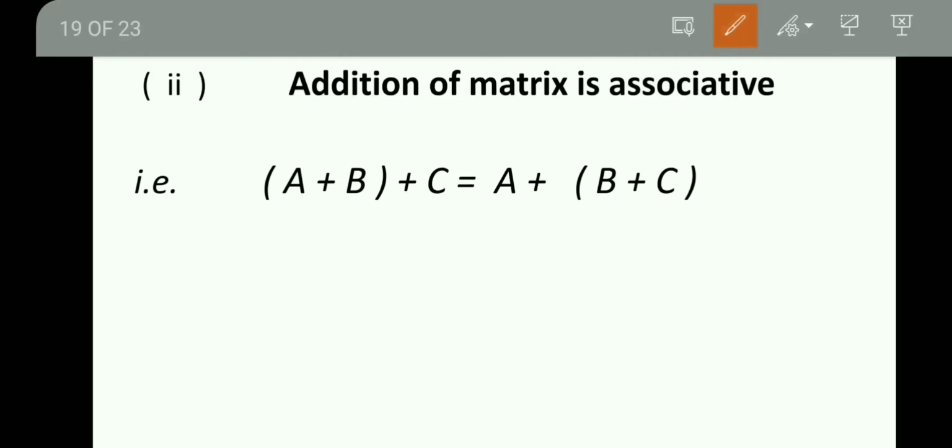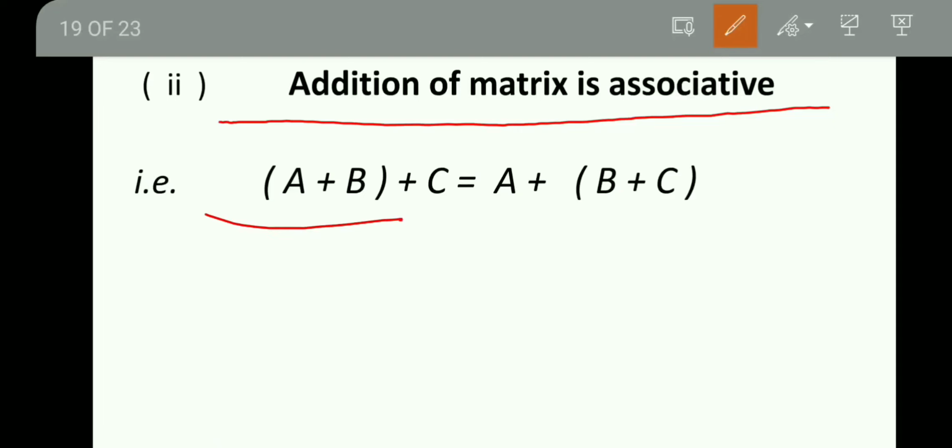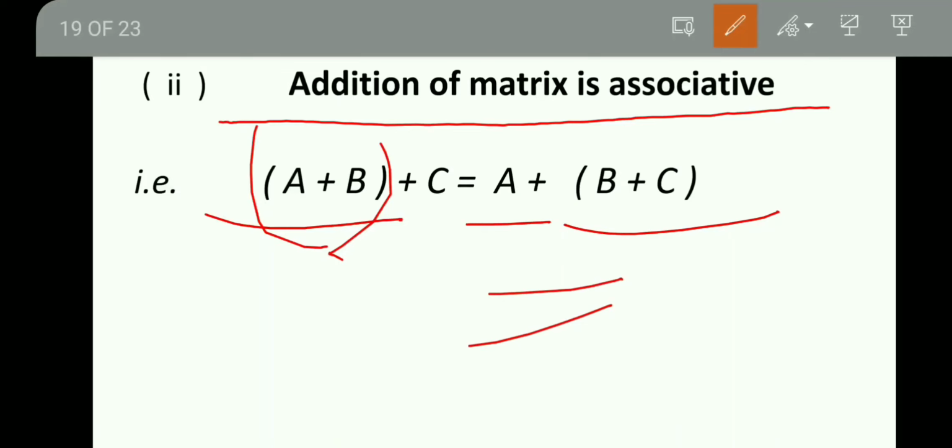The second, addition of matrices is associative. That is, (A plus B) plus C is equal to A plus (B plus C). That is called addition of matrices is associative.